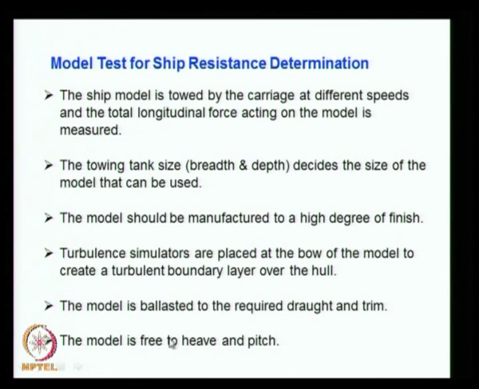The model is free to heave. We make the connection in such a way that when it moves forward, depending on the speed, the model may heave, it goes down, or it may pitch or trim. This freedom should be allowed to the model, so that the actual operating situation is created when the model test is also done.